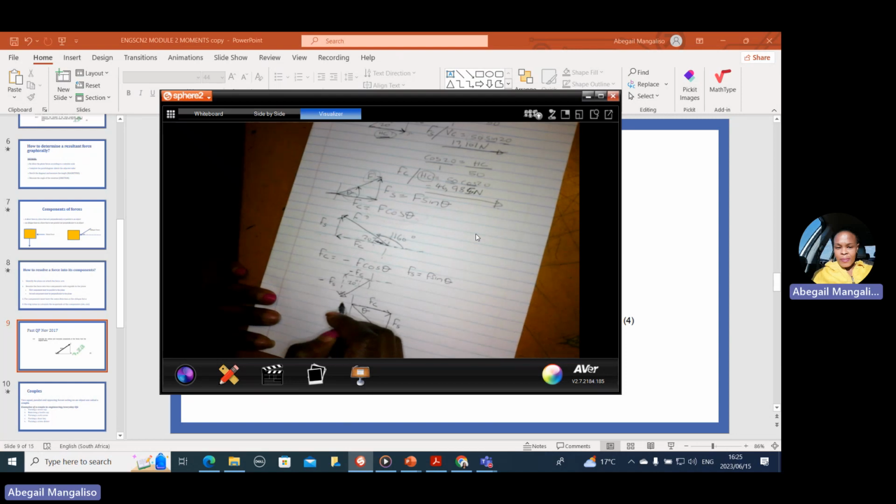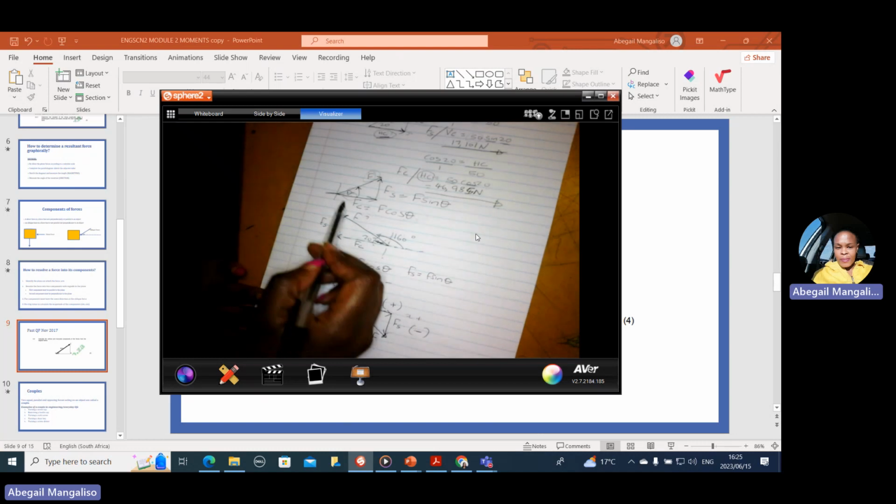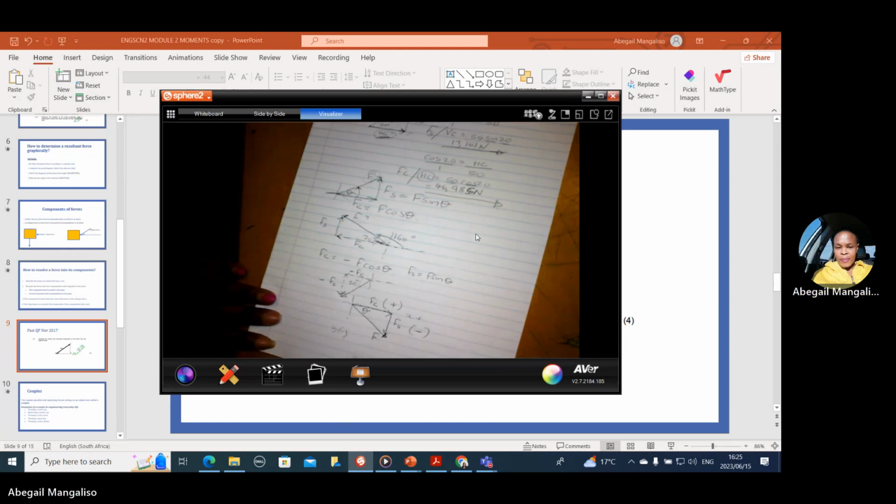In the fourth quadrant, X is positive and Y is negative. So it means Fs will be negative and Fc will be positive, the X component.